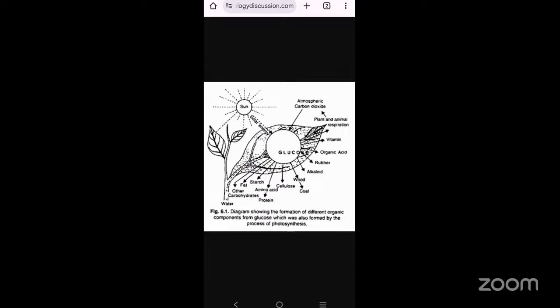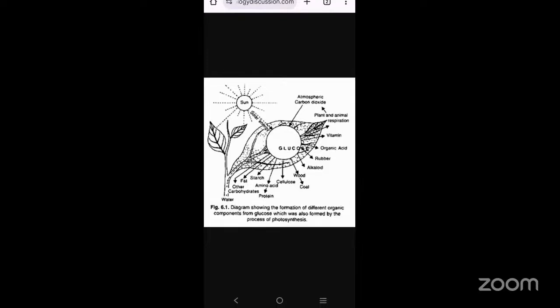Therefore, the green plants are called the producers, while other organisms we call the consumers. Only green plants produce the carbohydrates.